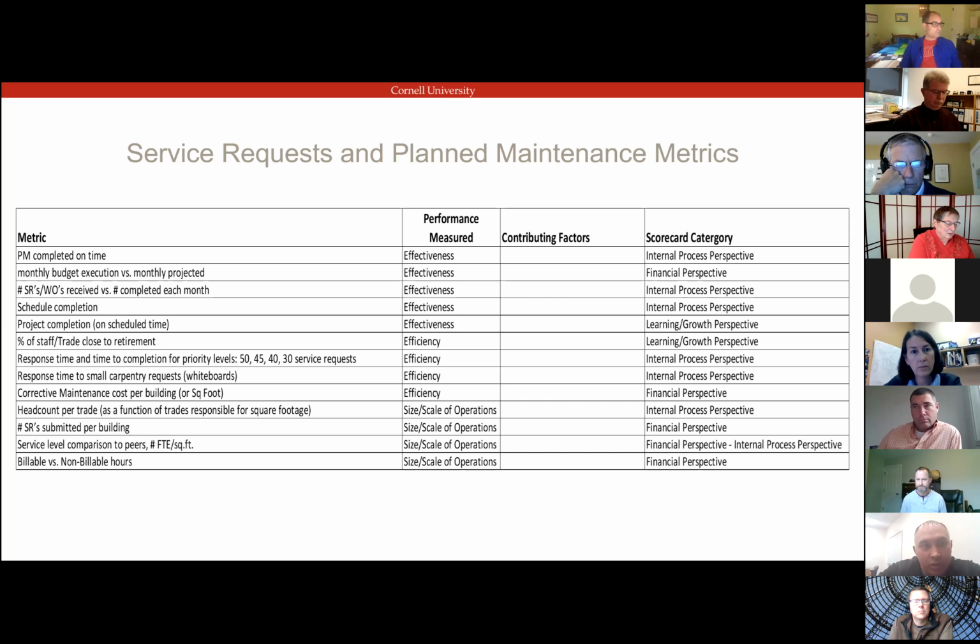Okay. Next one, service requests and work orders received versus the number completed each month. So instead of just looking at backlog, trying to predict trends there. When you say received, we're saying essentially received as valid ones, or that somebody said, yes, go on.